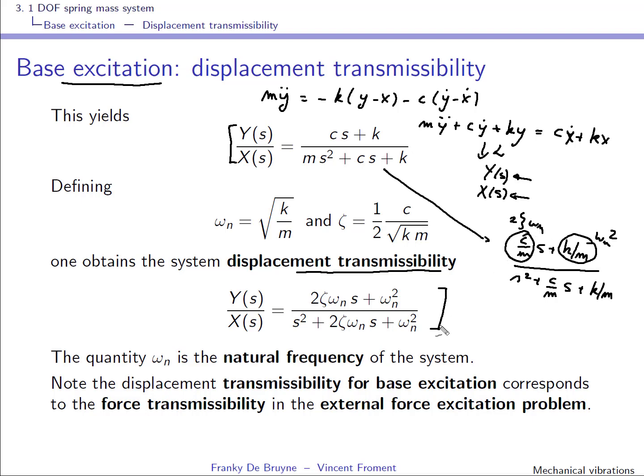You arrive at this expression of the displacement transmissibility. This might look familiar to you, and indeed it is, because it's also the force transmissibility, but in the case of a problem with external force excitation.